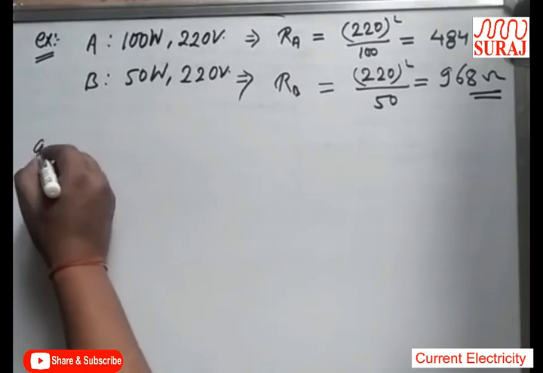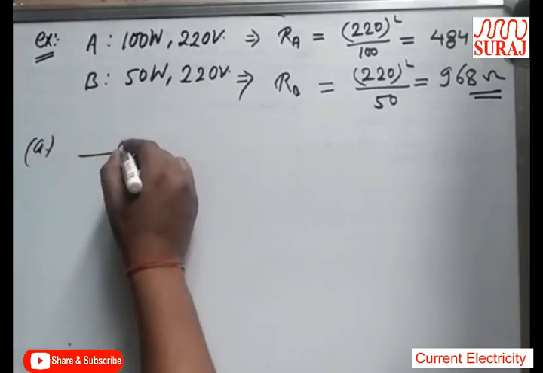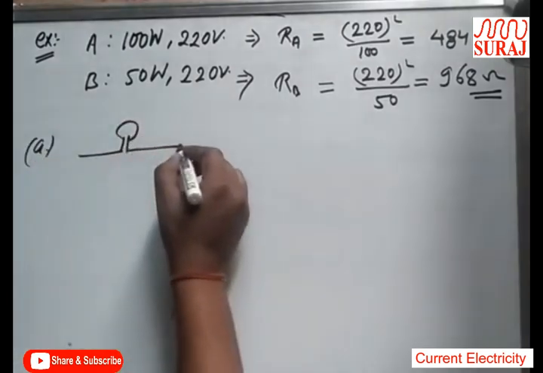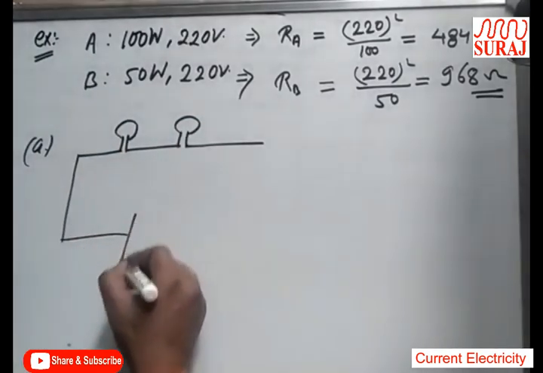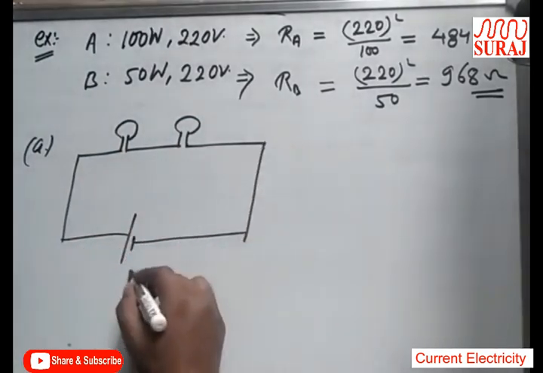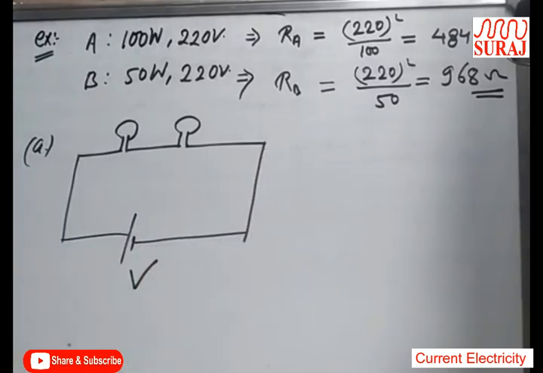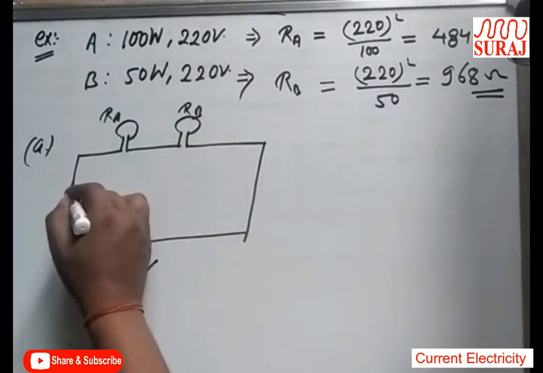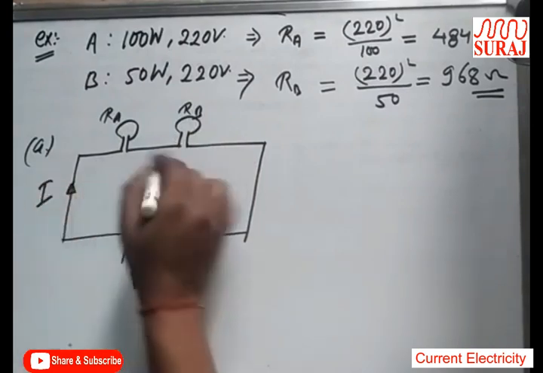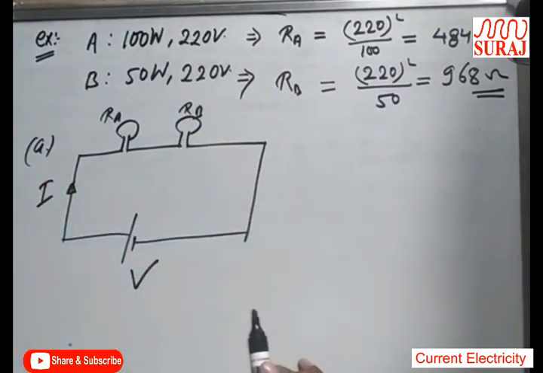In the first case, they have asked to connect the bulbs in series. Suppose I connect these in series with a power supply of V volt. In a series circuit, the current through each and every element is the same.